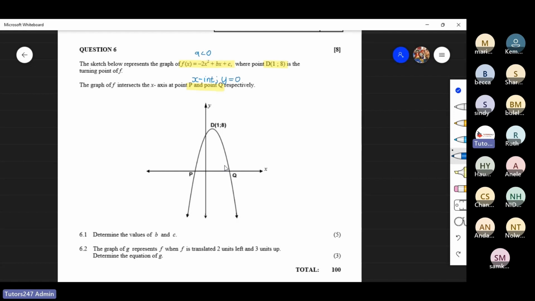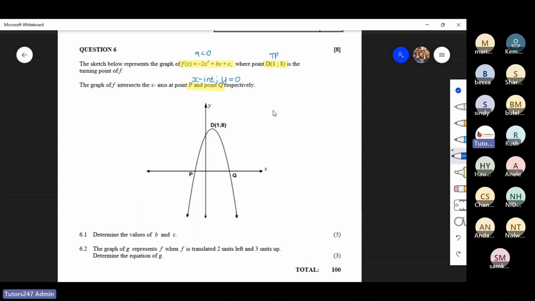So always remember that an x-intercept is the point on a graph whereby the function cuts the x-axis, resulting in a y value of 0. And the y-intercept is where the graph cuts the y-axis, resulting in an x value of 0. That information is important because it will help you to calculate the x values of the x-intercept or the y values of the y-intercept. So this is our TP point.